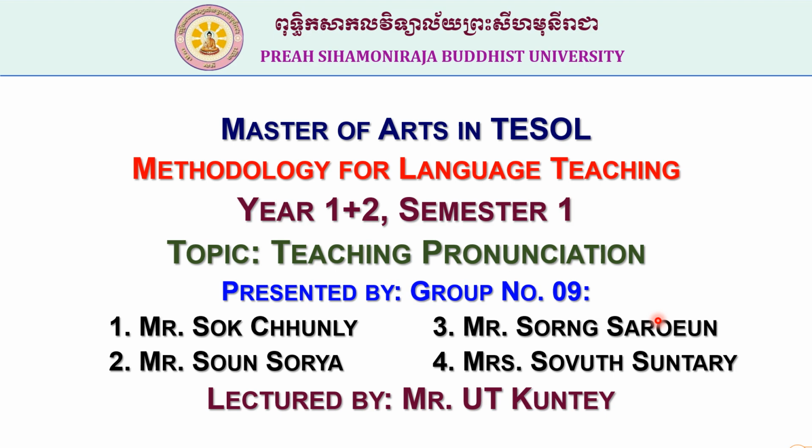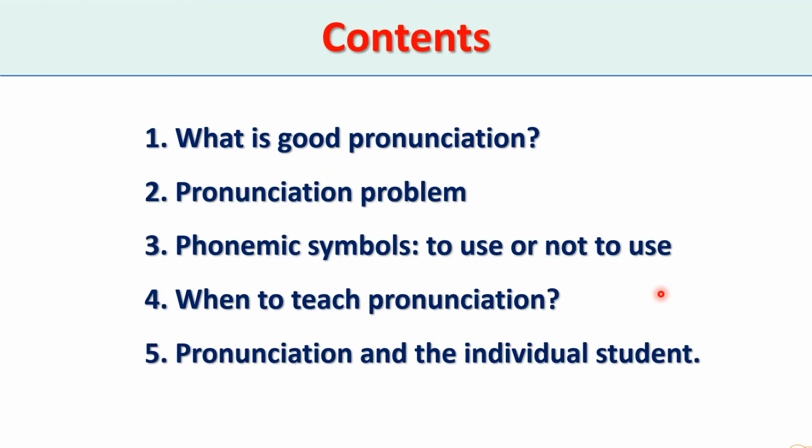We move to our content for our group topic. We have six points. The first one is what is good pronunciation. Second, pronunciation problem. Third, phonemic symbol to use or not to use. Four, when to teach pronunciation.